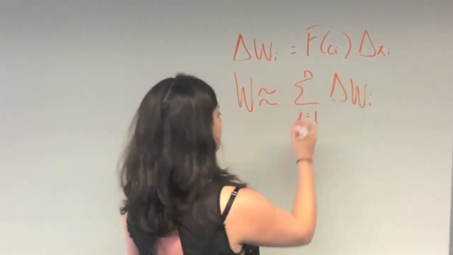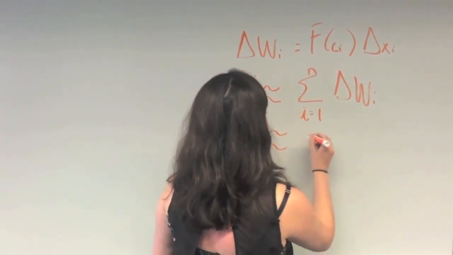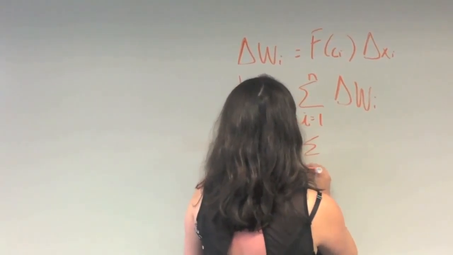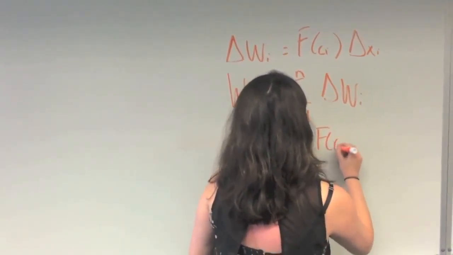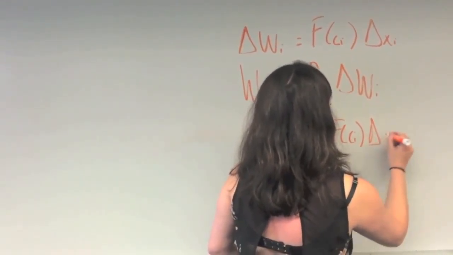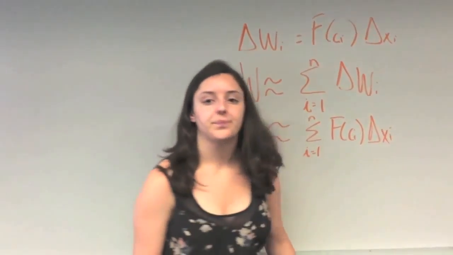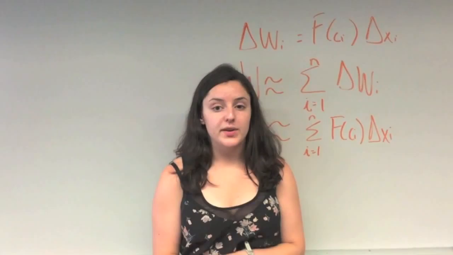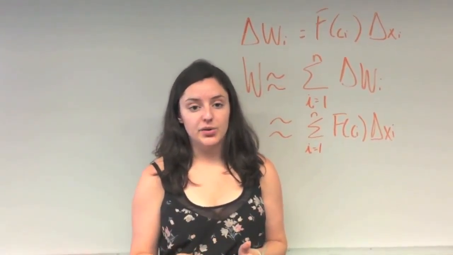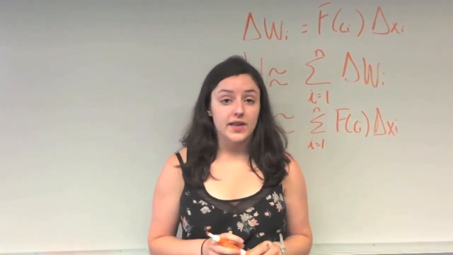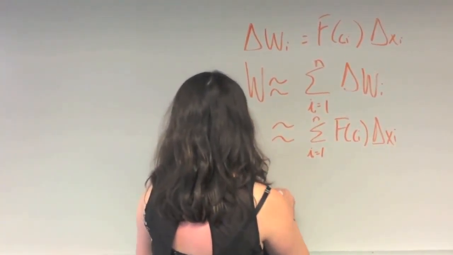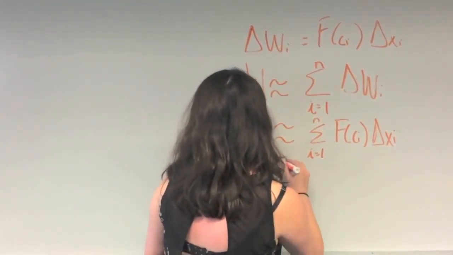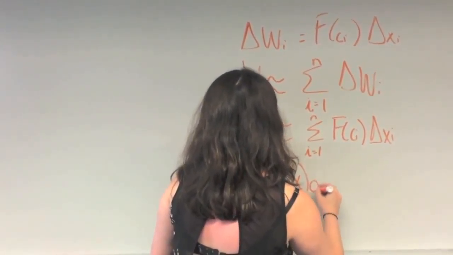And using substitution, we could say this equals the sum from i equals 1 to n of f of c sub i delta x sub i. This approximation appears to become better and better as n approaches infinity. Therefore, we define the work to be the integral from a to b of f of x dx.